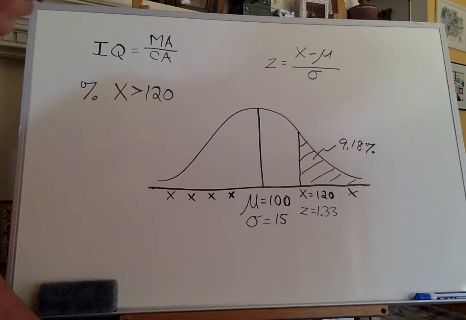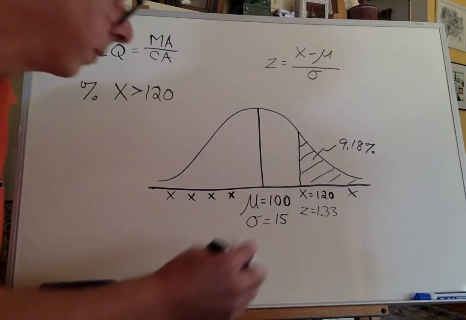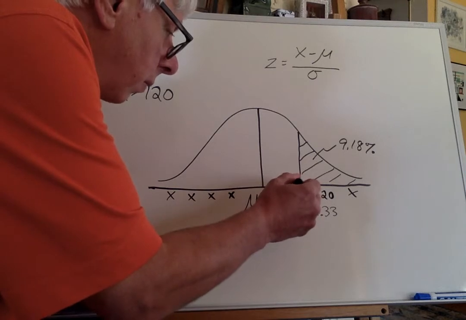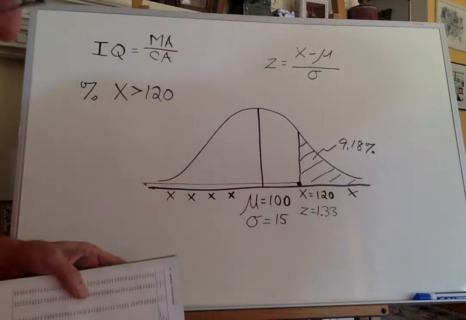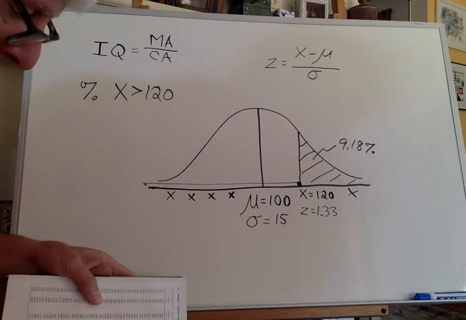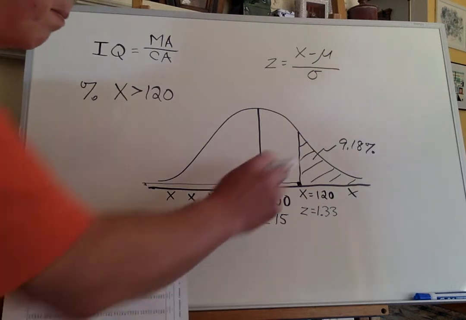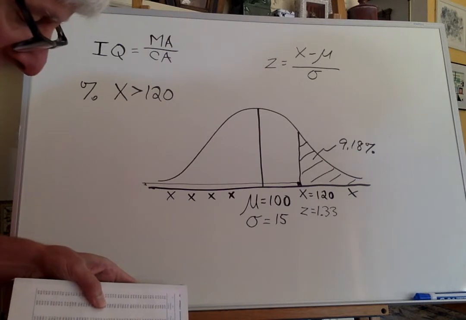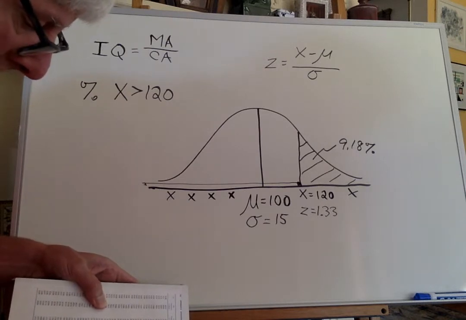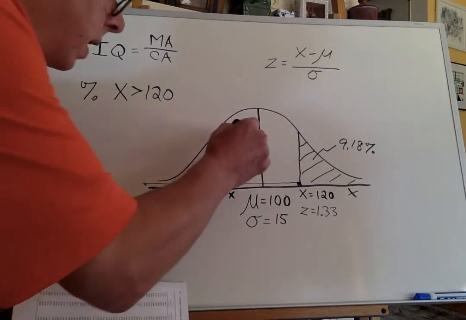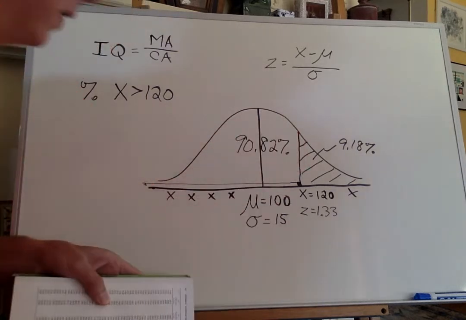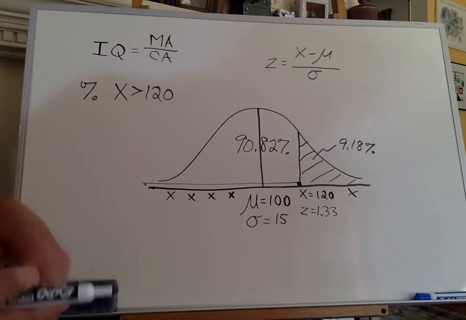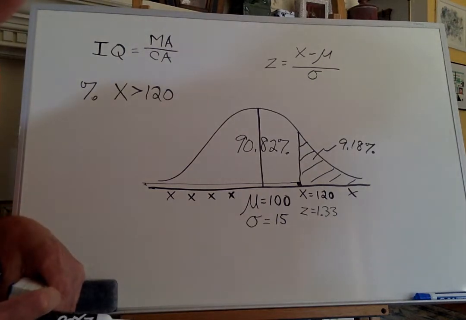And if we want to, we can talk about percentiles. For percentiles, I'm looking at what's the percentage of people here and below, and that means the body. And it's just 100% minus the tail. But I can also read it from the book, 90.82. Okay, so there's 90.82% in the body, and that's what I would call the 90th percentile.